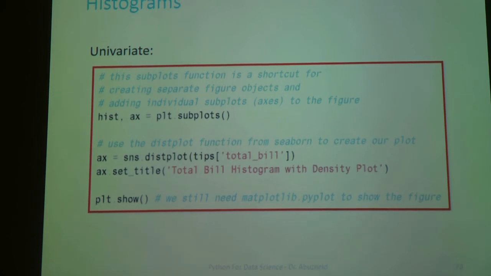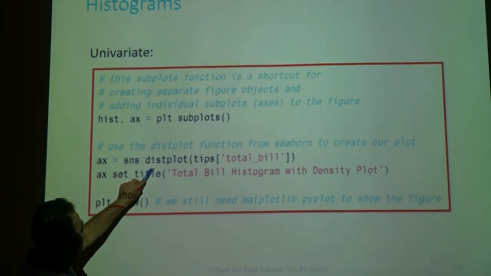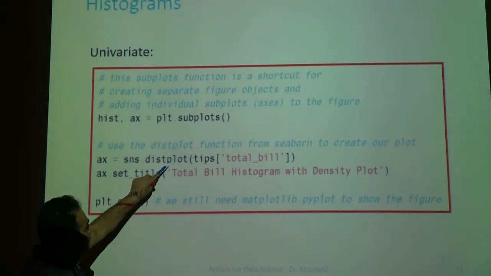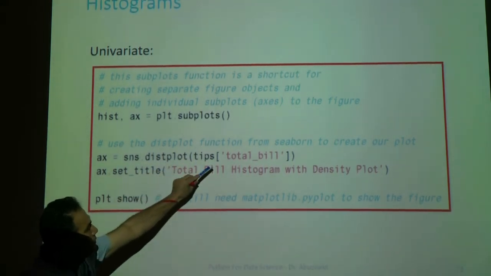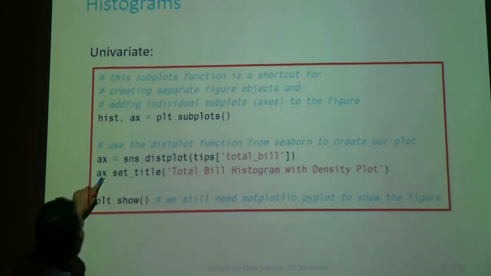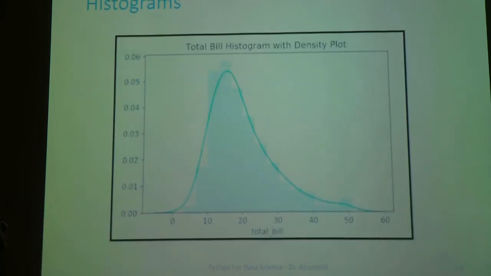So let's try it. Okay. So in here, sns, this is a certain plot, tips. So that's the column we're gonna draw, and we're gonna save it in ax. ax.set_title, that's the title, and then you plot it to show it.